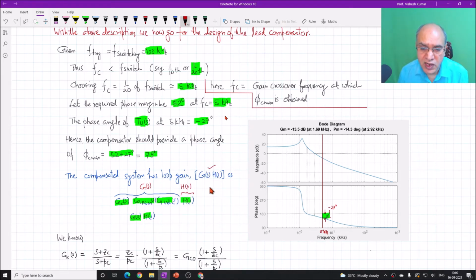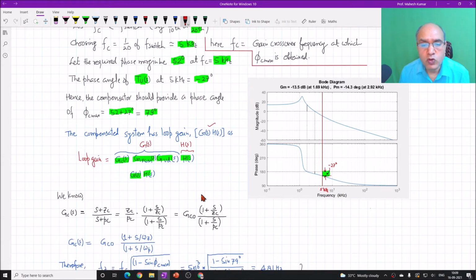So the loop gain is now this term. Now we will study this loop gain and find out what must be the overall gain margin and phase margin.